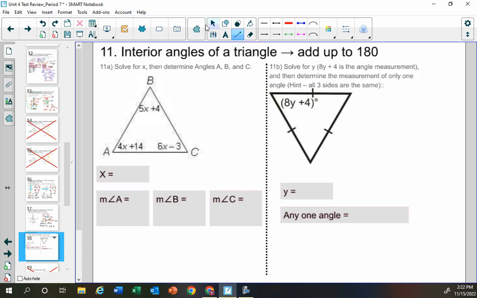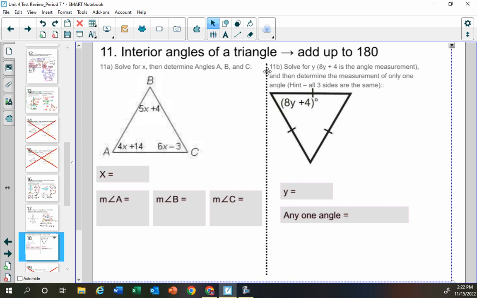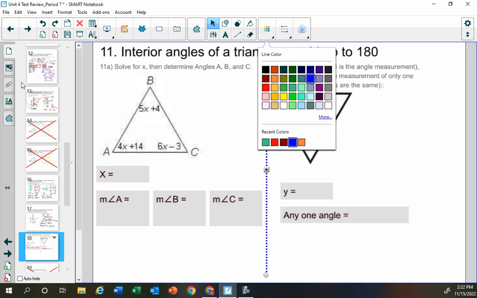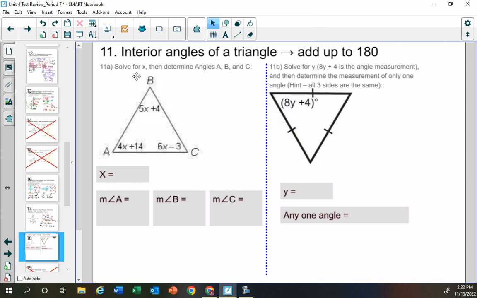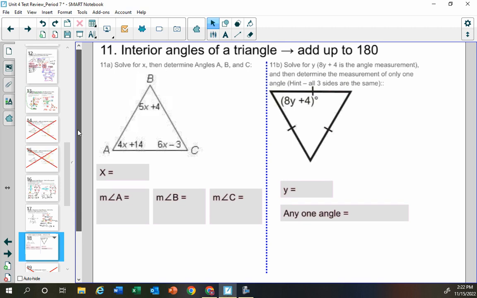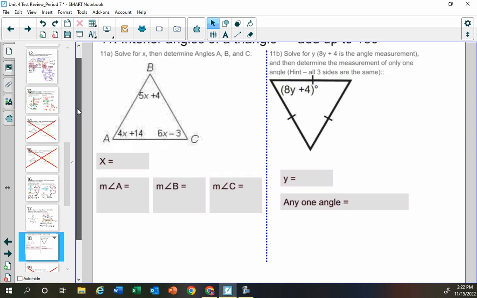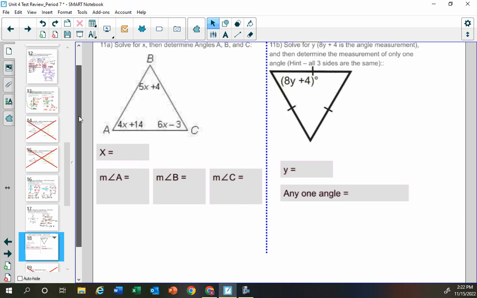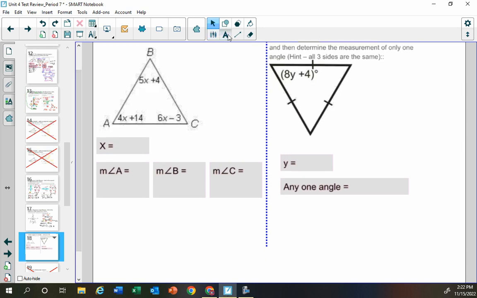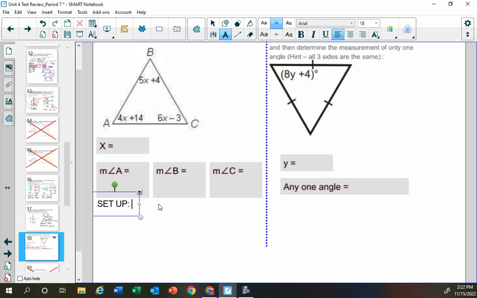All right, here's what we have going on. I want to talk about the setup for this problem. They add up to 180. So for 11A, what would be our setup? How do we set up 11A?